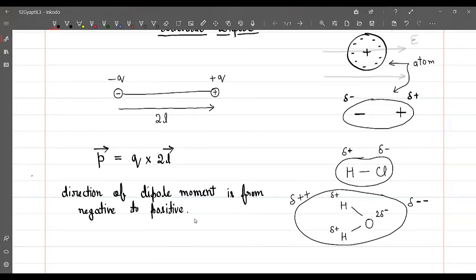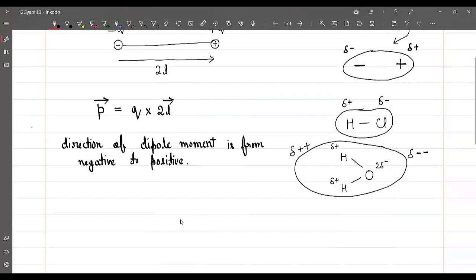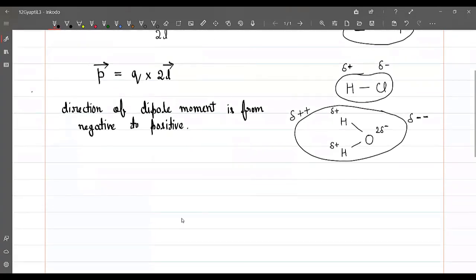Of course, before this, we need to define what is an electric dipole. So you must have guessed it quite from here right now, that an electric dipole is a pair of equal and opposite point charges which are separated by a short distance.